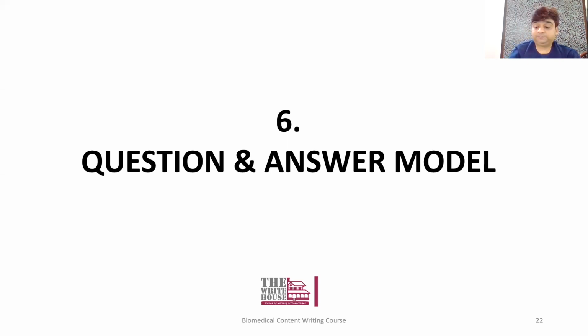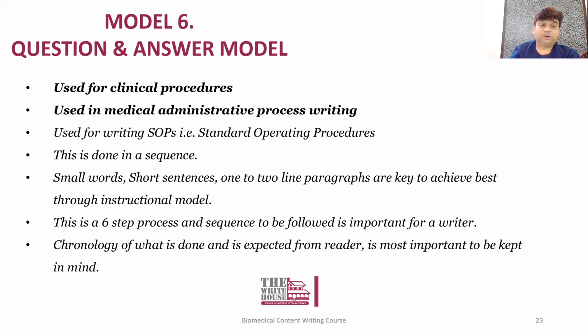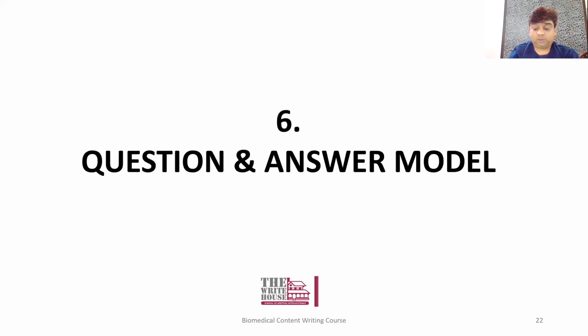This model is used when your subject has limited variability. It does not mean that you can prepare thousands or hundreds of questions. It should vary not more than 15 to 20 questions.